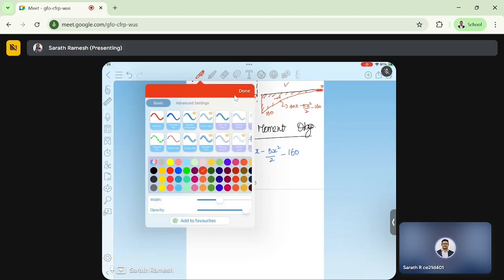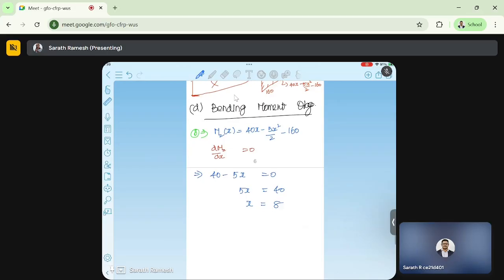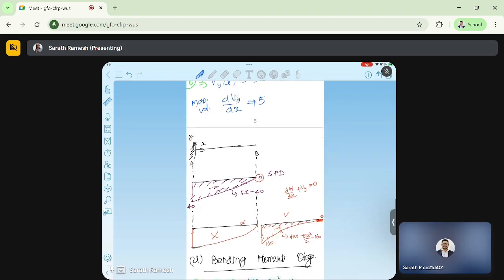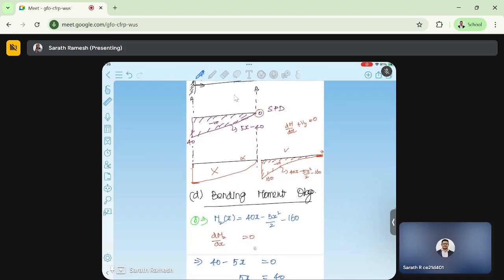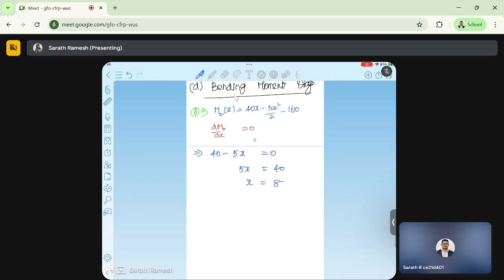This implies 40 minus 5x equals 0, so 5x equals 40, x equals 8.